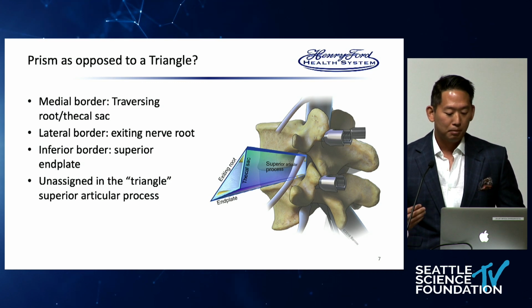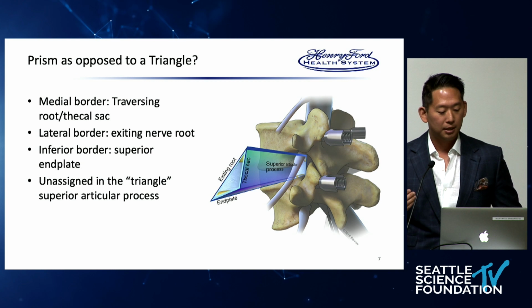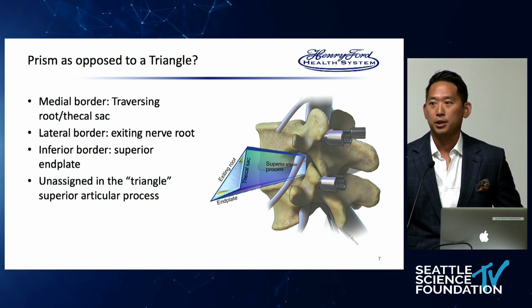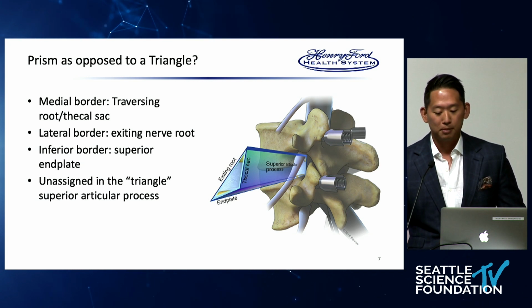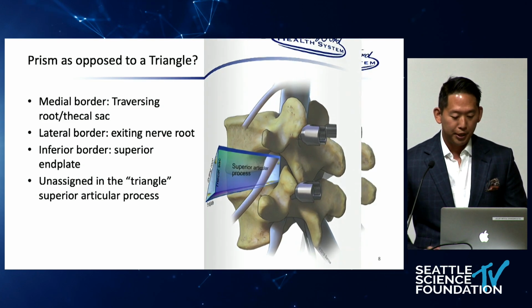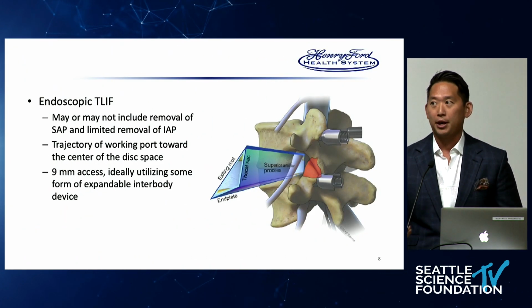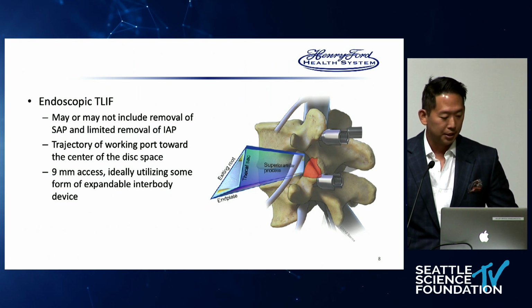The authors in this paper observed that part of the reason why the SAP gets omitted is that it's usually removed when you're doing a TLIF, so that doesn't become a consideration. The paper is pretty interesting. They talk about different variations of how you're approaching this space, and this is basically your access point to the disc.